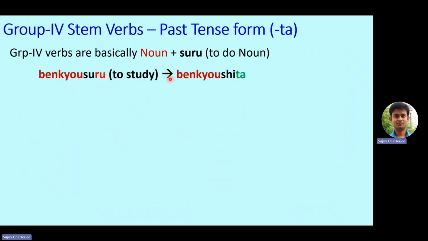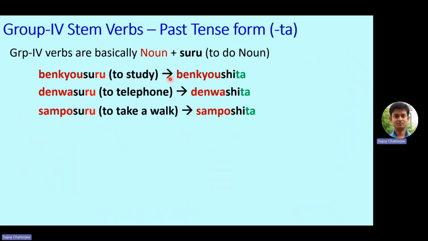That means to study. So benkyo suru becomes benkyo shita, because suru becomes shita in the past tense form of its plain form. Denwa suru, to call or to telephone, denwa shita. Sampo suru, to take a walk, sampo shita. So this is again straightforward.